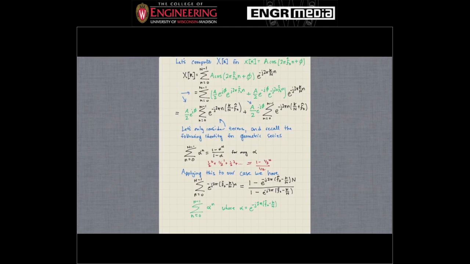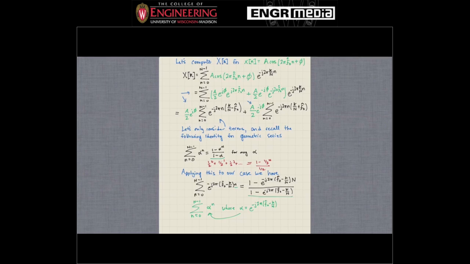So I've just defined alpha to be this complex exponential without the n term. Remember, we're summing over n, so we just plug in this value of alpha. That's the sum we're looking at. Now I'm going to go back up to this formula and plug in this particular value of alpha, and that's what we have written here.